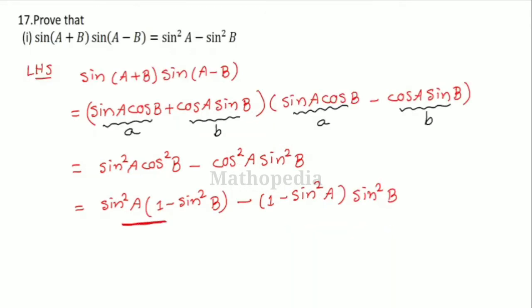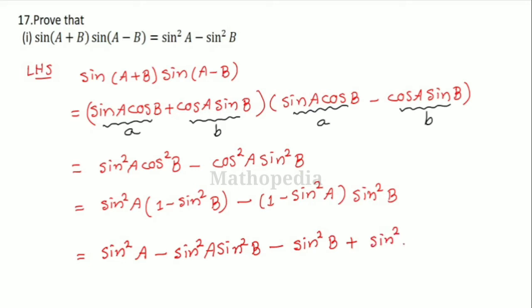Now multiplying, we get sin²A minus sin²A sin²B, minus, similarly multiplying this sin²B, we get sin²B plus sin²A sin²B. Now sin²A sin²B gets cancelled. So we have sin²A − sin²B, which is equal to the right hand side.